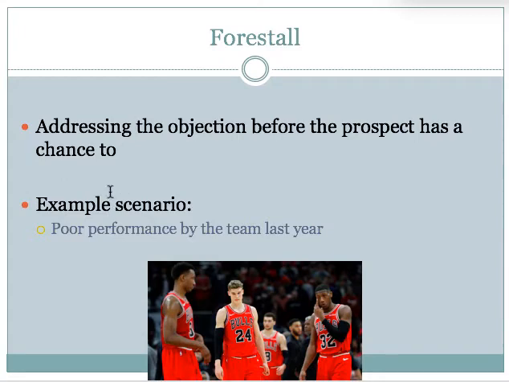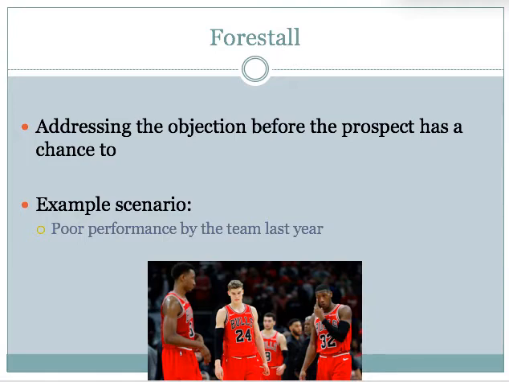Now, an example here is maybe a sales rep knows that the prospect is upset about how the team did the year prior. Maybe they usually come to 10 games, but they only came to 5 games, and that's partially due to the fact that the team just wasn't playing well and had a poor record. So a forestall would be them addressing that right out of the gate, just saying, hey, I know we had a rough season last year.